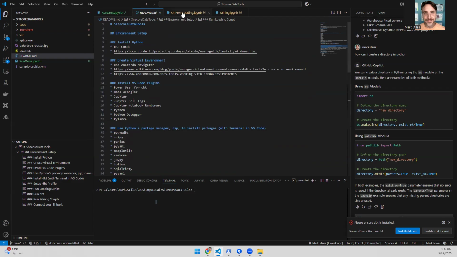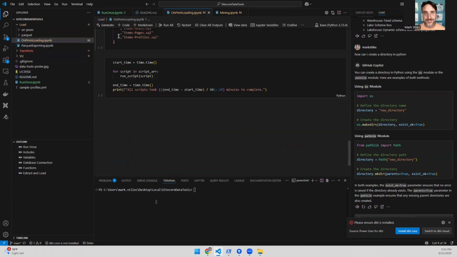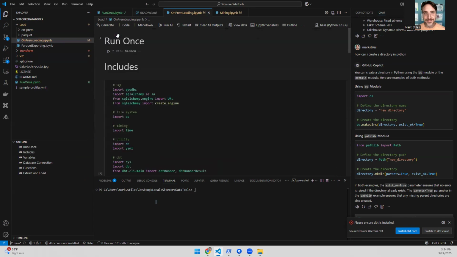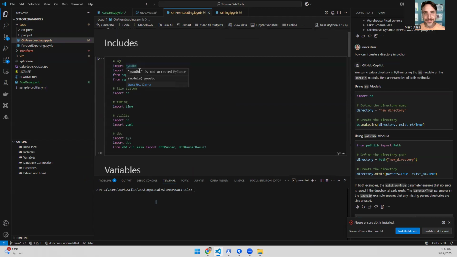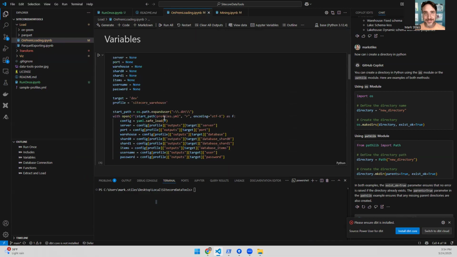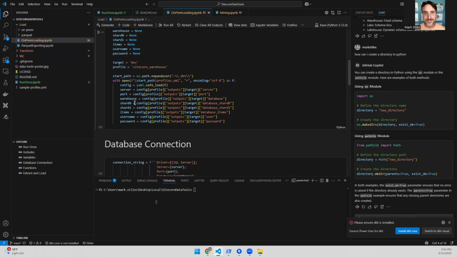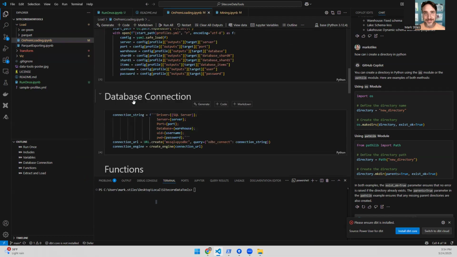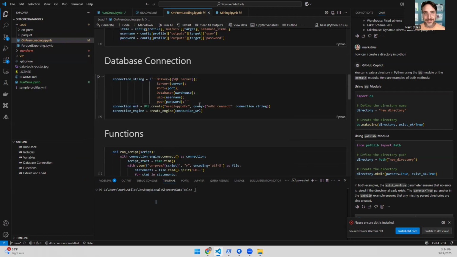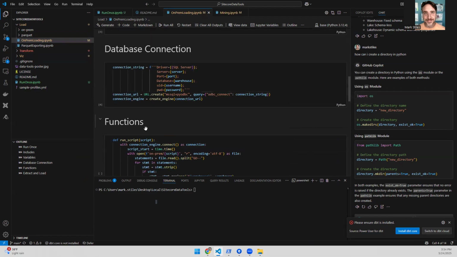And so let's take a look at the first one, which is the on-prem loading. It has this run once, but it also has the other interior library. So from the packages that we brought in, we need specific things. We create these variables, we go get that profile from my dbt user, and then we bring all those variables in, and then I can build a connection string.